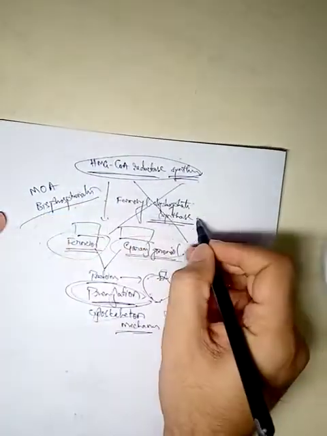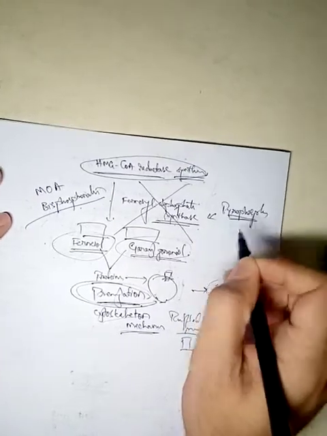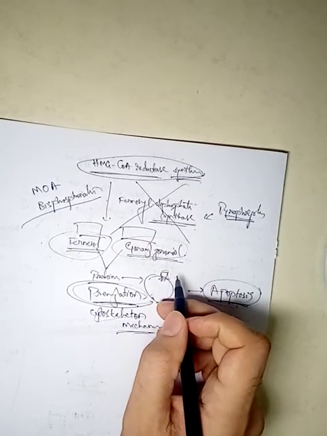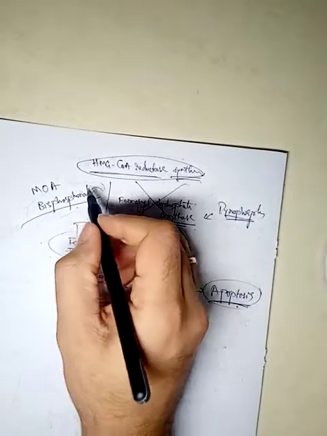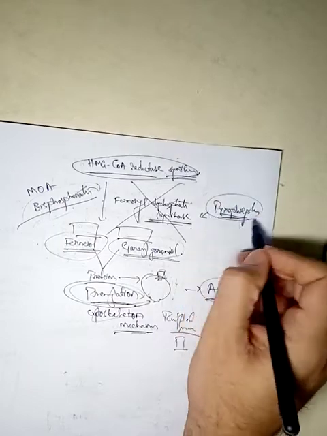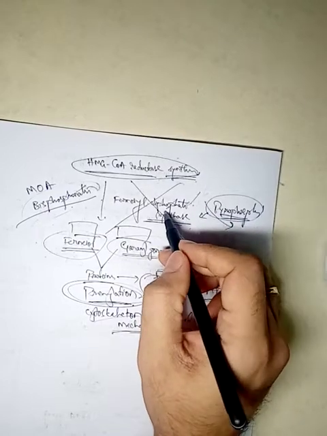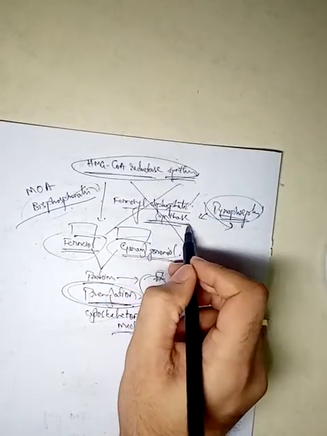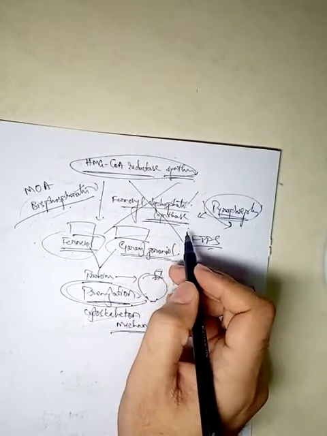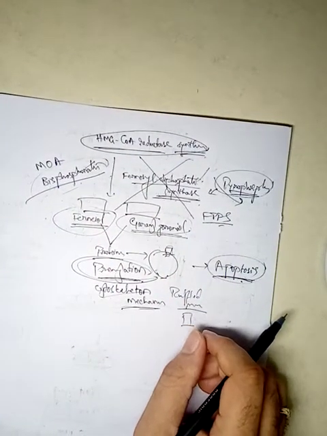Because this enzyme requires pyrophosphate as a kind of coenzyme or an activator. So the bisphosphonates are analogs for pyrophosphate, and they will displace this molecule and they will inactivate the enzyme, that is FPPS, farnesyl diphosphate synthase, and the rest of the things fall in place.